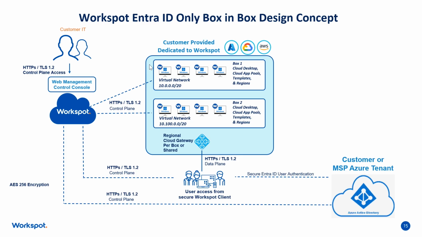You could picture this blue box being maybe an enterprise customer's estate of Azure tenants, and inside, instead of being like, for example, an Azure subscription, this white box here could be actually a whole Azure tenant dedicated to Workspot. You might want to do this for very large deployments, and you want to break it up into business units. You want to reduce your blast radius for failures. All these kind of concepts can come into play.